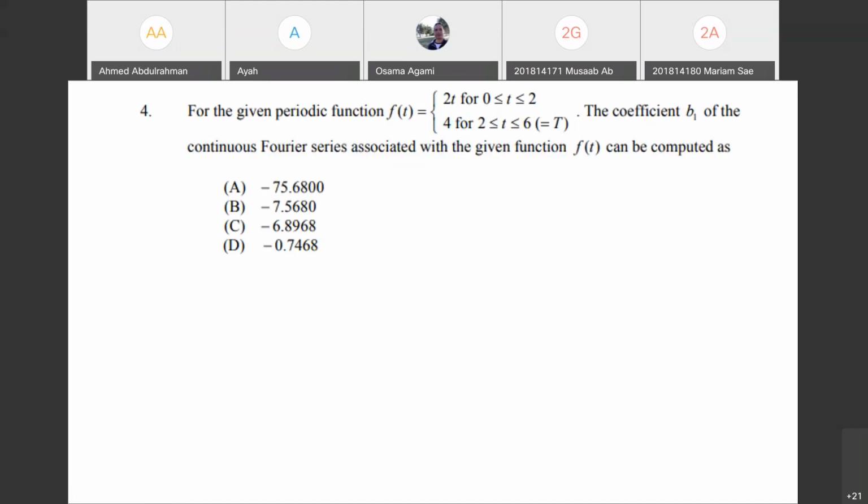Which one is the right answer? Minus 75.68, minus 7.56, minus 6.8968 or minus 0.7468.